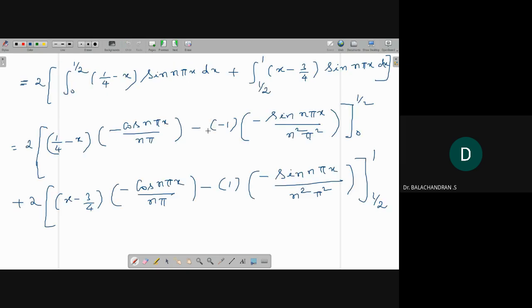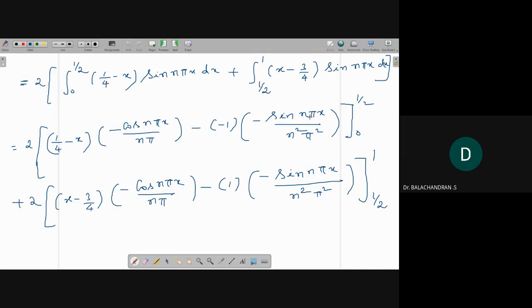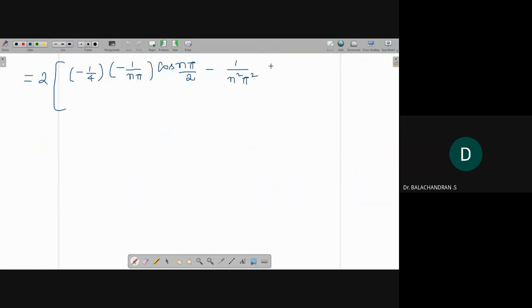And then 3 minus, so minus 1 by n square pi square, minus 1 by n square pi square into sine n pi x, which is 1 by 2. So sine n pi by 2.